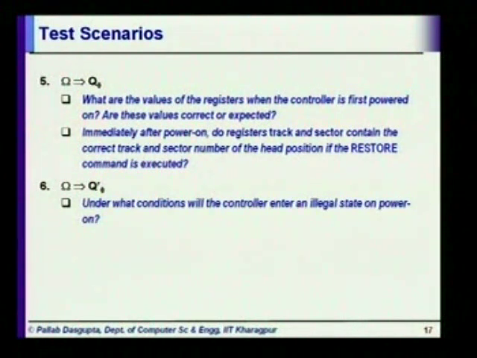Or, immediately after power on, do the track and sector registers contain the correct track and sector number of the head position if the restore command is executed? The restore command is supposed to do that. When you execute the restore command, it should be the case that the track and sector values capture the correct position of the head. So, you test whether that is indeed happening or not.